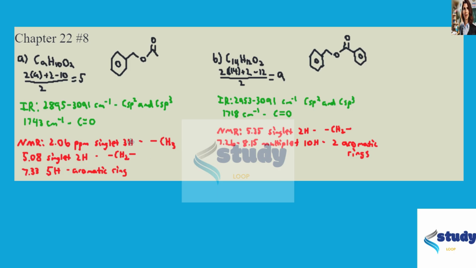The integration of 3 is a big hint. The fact that it's a singlet tells us it has no neighbors. So if I'm already thinking I have a carbonyl in this molecule, I'm now thinking that this singlet is attached to one side of the carbonyl.